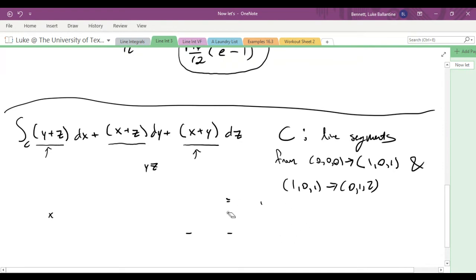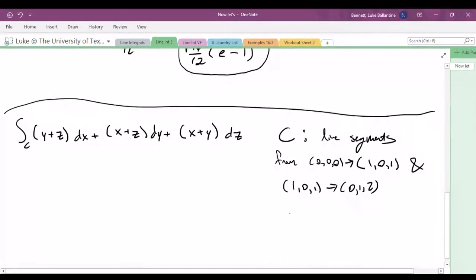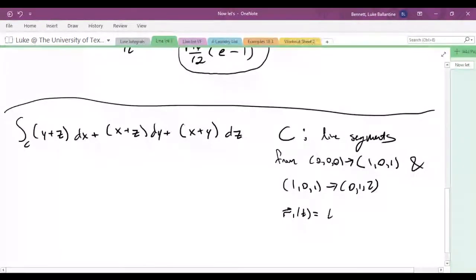Okay, so let's work on evaluating this line integral. 0 to 1, 0, 1. Well, we can parameterize that, no problem. So like r1 of t is t times (0, 1, 1).